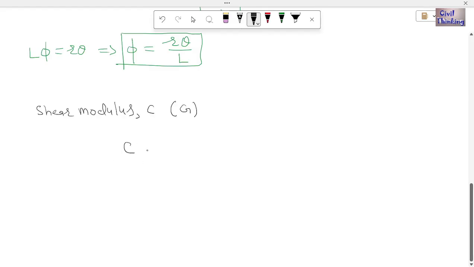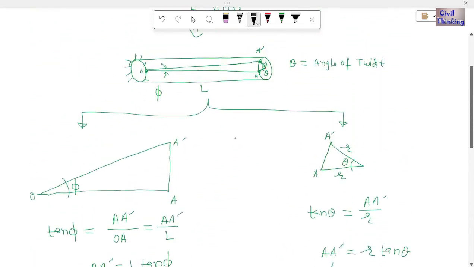Basically, what is C? It is shear stress divided by shear strain. Now what is shear strain here? This is our shear strain.